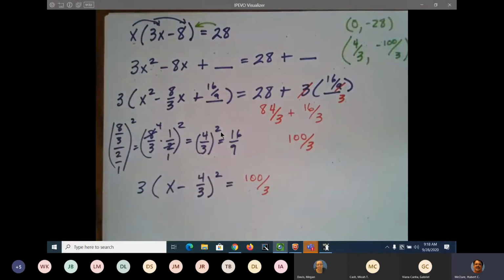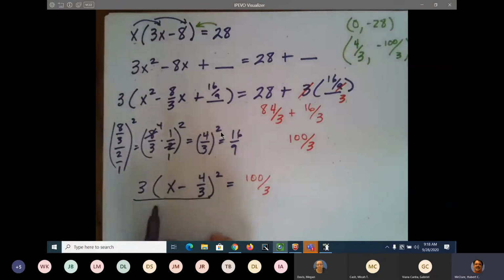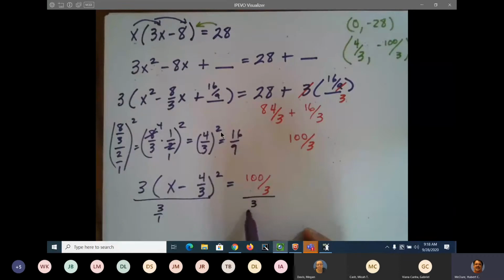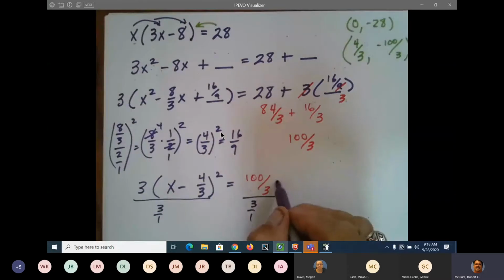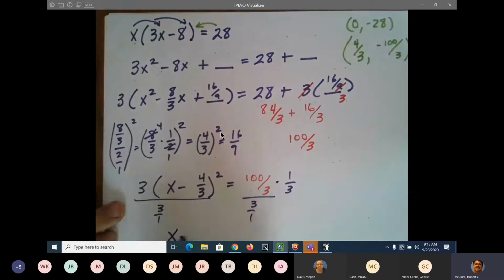And let's see what the x-intercepts are. So I'm going to divide by 3 over 1. Multiply by 1 over 3. And that's going to be x minus 4/3 quantity squared is equal to 100/9.